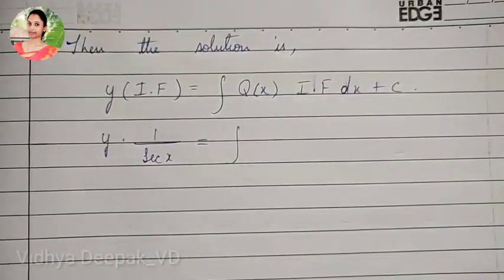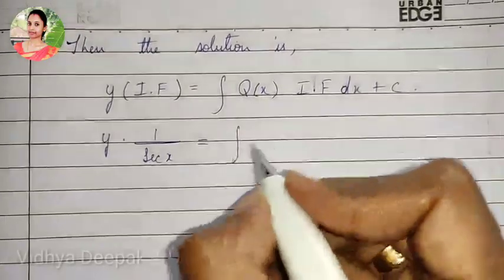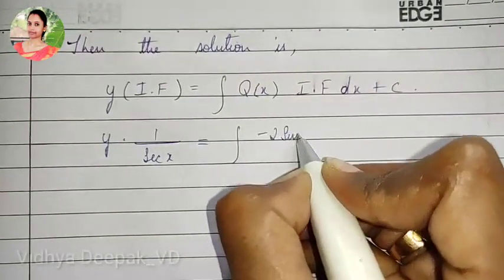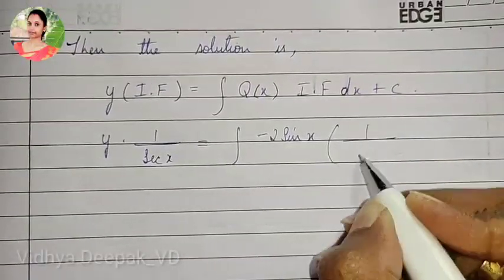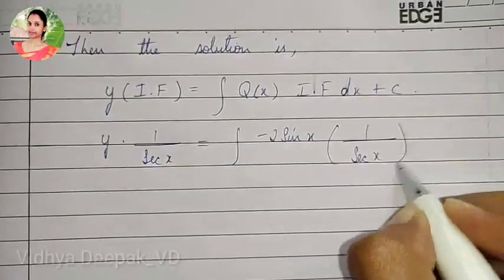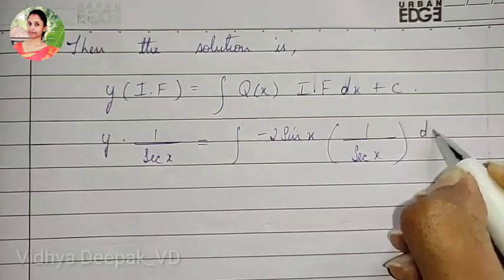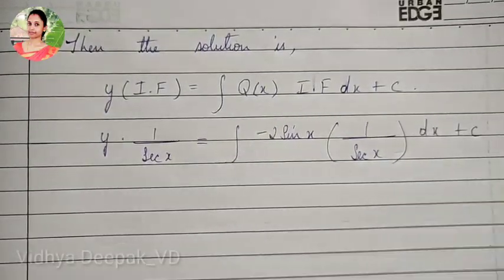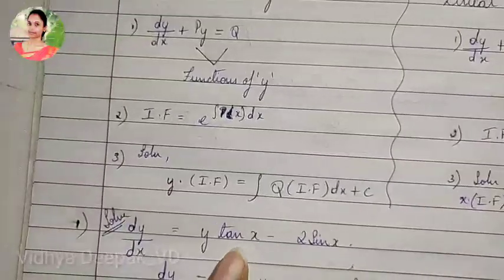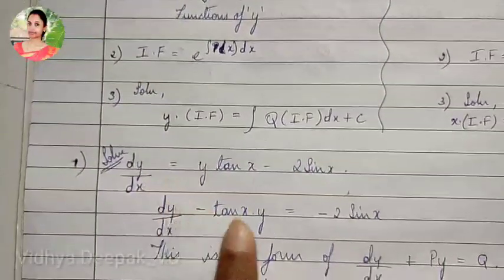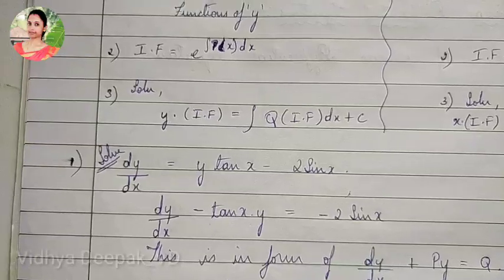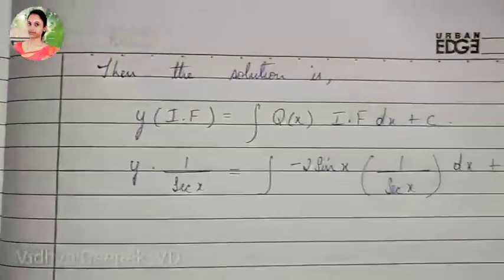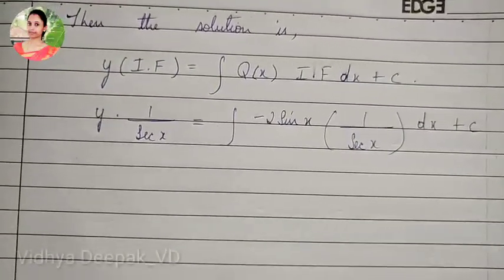Q was minus 2 sine x, into integrating factor 1 by secant x, into dx plus c. See here, this is of the form dy by dx plus py is equal to q, so q is minus 2 sine x. So we took that q as minus 2 sine x here.